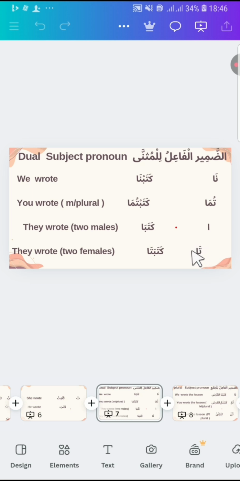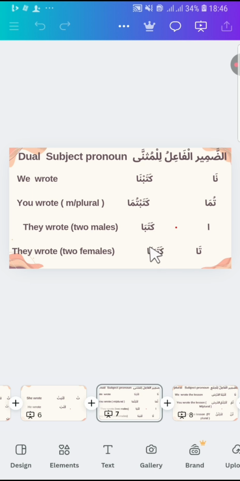It means third person pronoun. So we say katabata, they wrote, meaning two females. Fatima and Khadija, katabata, they wrote.